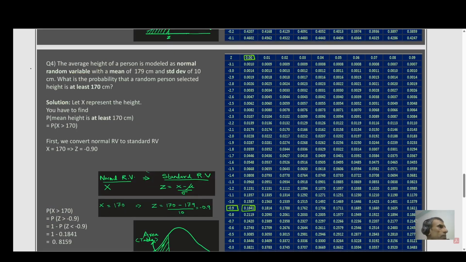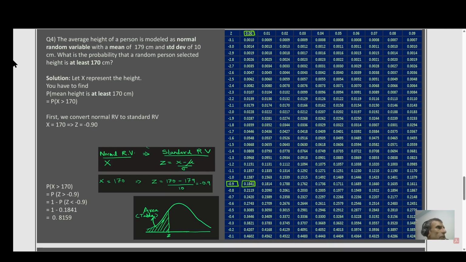Now the average height. The average height of a person is modeled as a normal random variable. Same question as before, except now if you randomly select a person, what is the probability that his height is going to be at least 170 centimeters? I'm doing exactly the same thing as before. So x is greater than 170 centimeters.